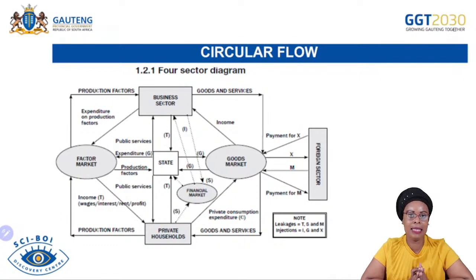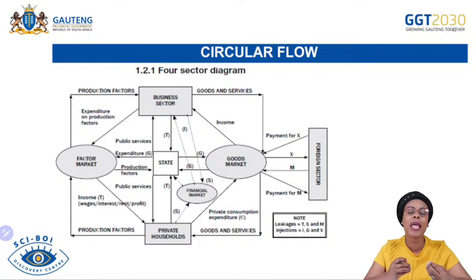One can ask why we are using diagrams to explain certain information in economics. The thing is that economics is a social science. Being a social science, it becomes difficult for economists to perform experiments. We can't do experiments like in natural sciences, like life sciences and physical sciences.